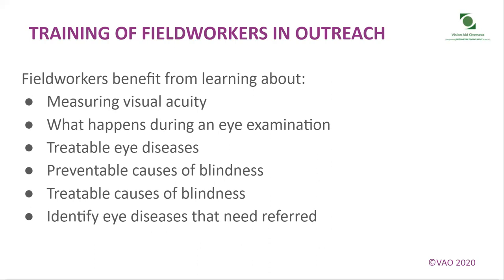These include how to measure visual acuity, what happens during an eye examination, what are the most common treatable eye diseases, such as conjunctivitis, mild trauma, watery eyes, etc., the preventable causes of blindness in their area, the treatable causes of blindness, which could be cataract or trichiasis from trachoma or other conditions, and perhaps to be able to identify eye diseases that need referred for further examination and treatment.